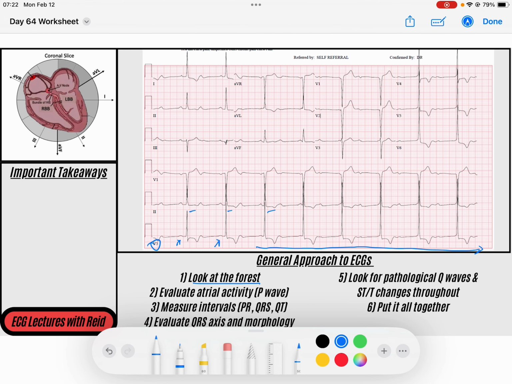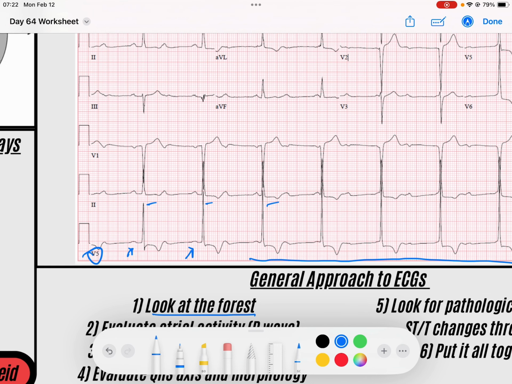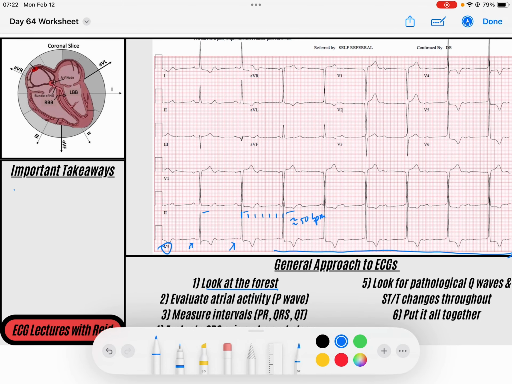And the rate of this rhythm, if I start measuring this QRS, it would be 300, 150, 100, 75, 60, roughly 50 beats per minute. Okay, so we've got a bradycardia. So let's start working through this.